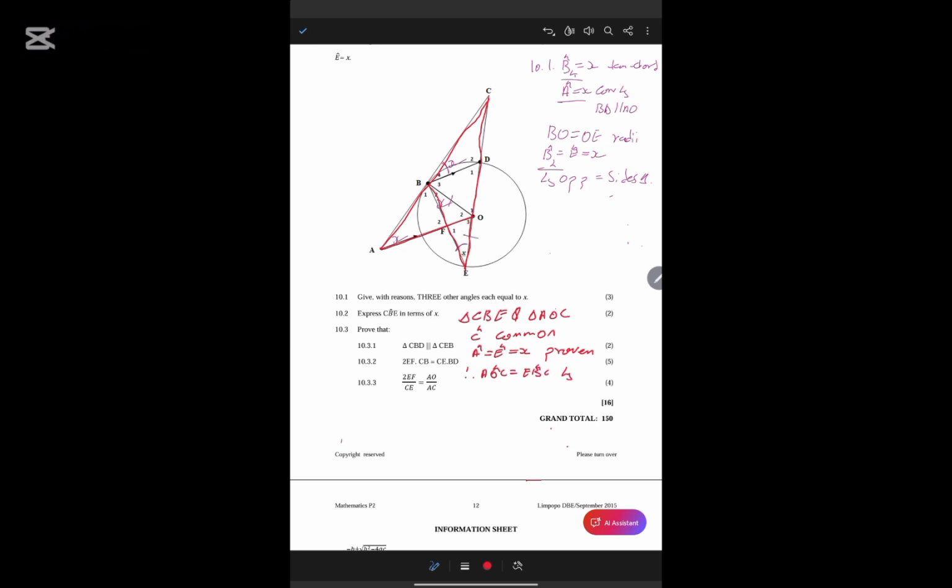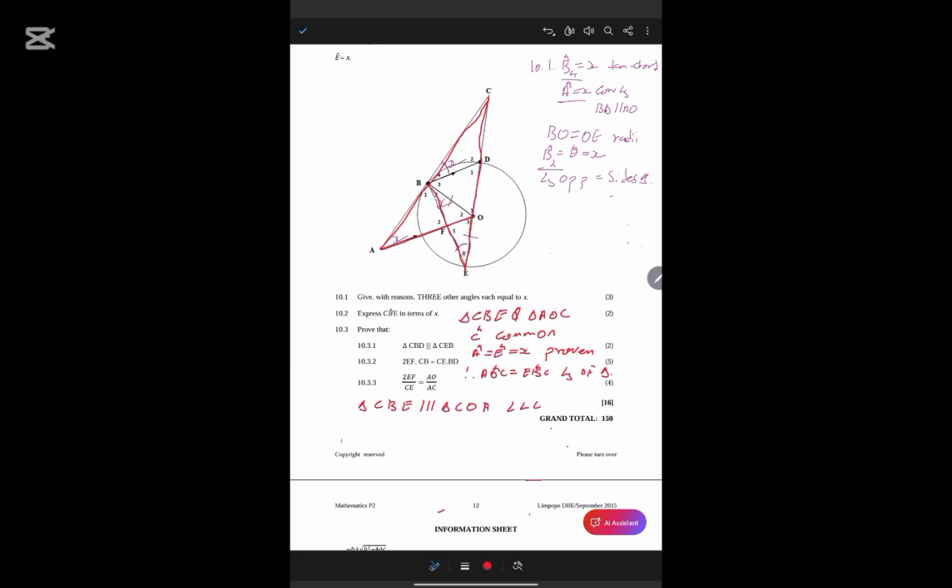These are angles of a triangle. So these two triangles are similar. Let us write them in correct order: triangle CBE is similar to triangle COA. This is angle, angle, angle.